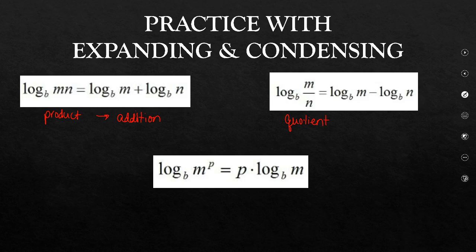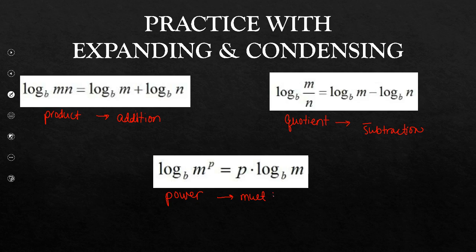That is division. So you can separate it with subtraction. And last but not least, the power property, log base b of m to the power of p can be separated with multiplying by a coefficient.